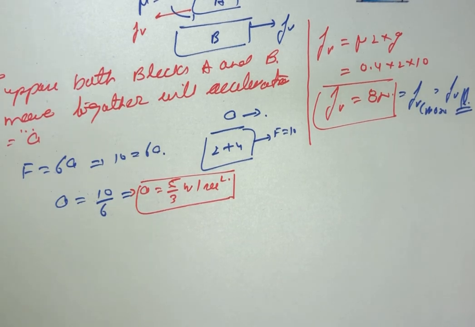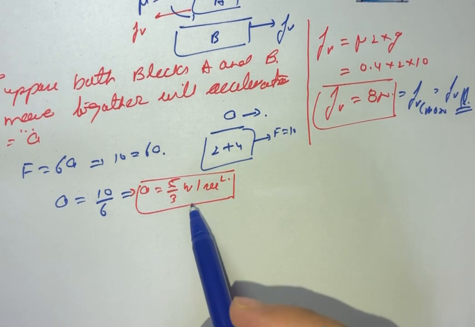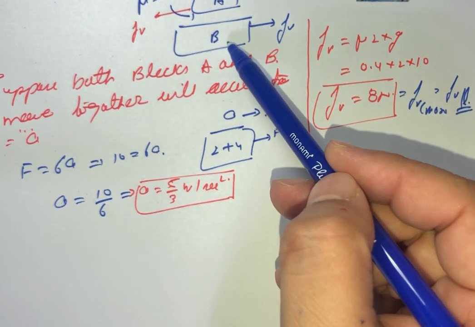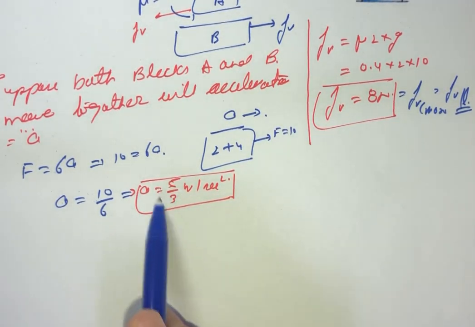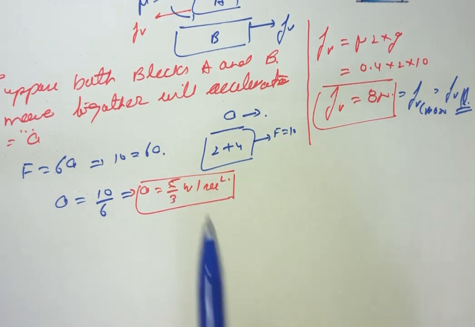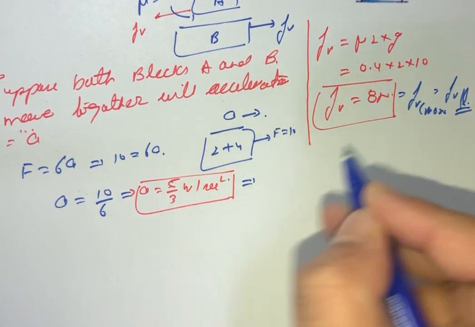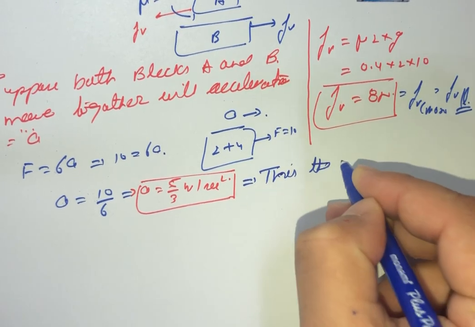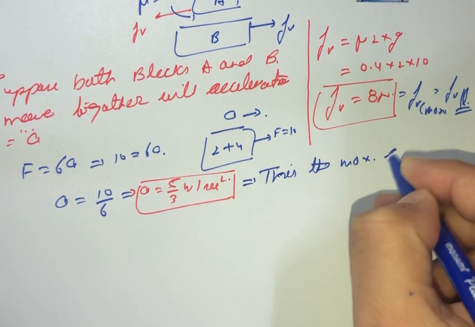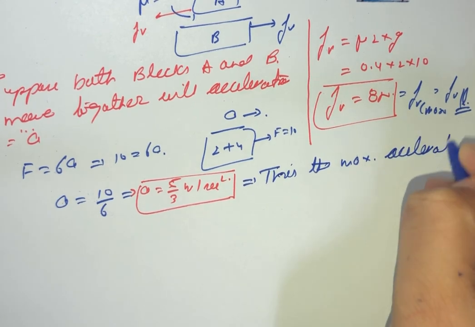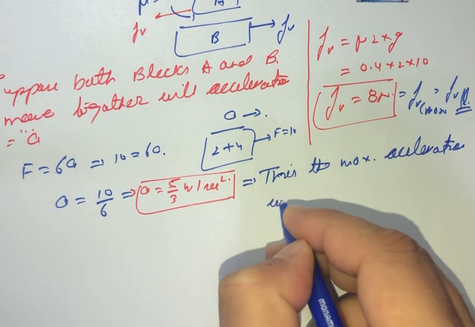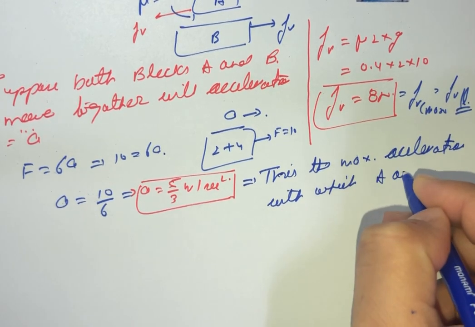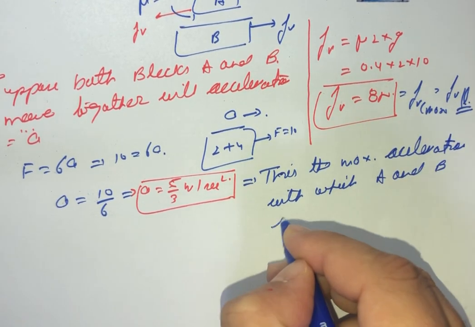Now we are going to find out what would be the value of the friction between A and B so that it can move with the acceleration 5 by 3. Or we can also say this is the maximum acceleration with which A and B can move.